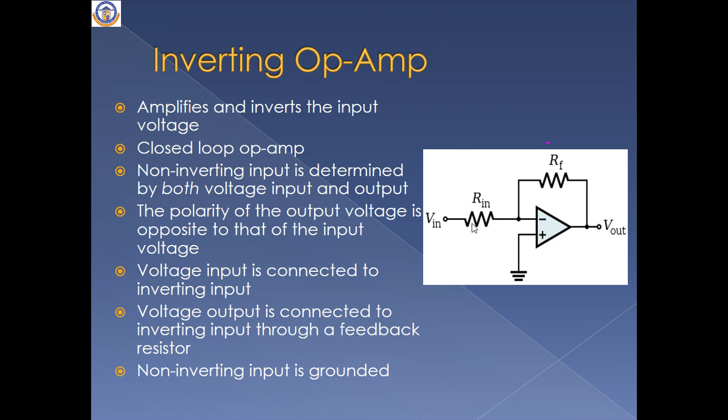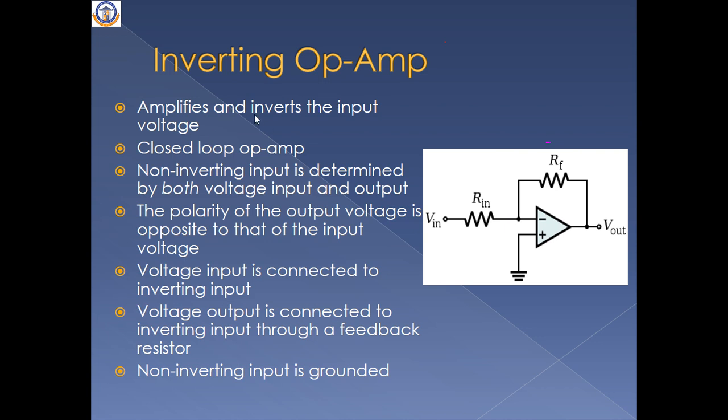Whatever input we have given on the input side will be amplified and we'll be getting it on the output side. Any path from the output to the input is called feedback. So here there is a feedback with resistance RF connected to the inverting terminal.